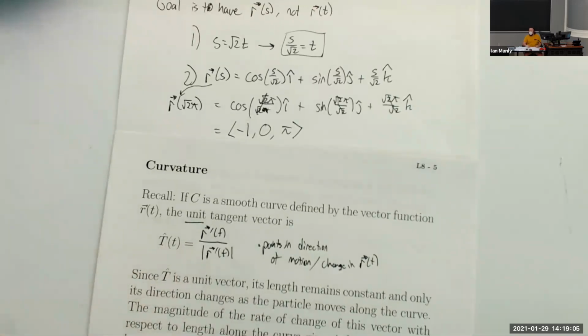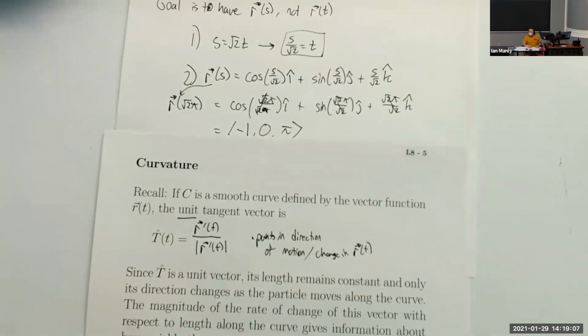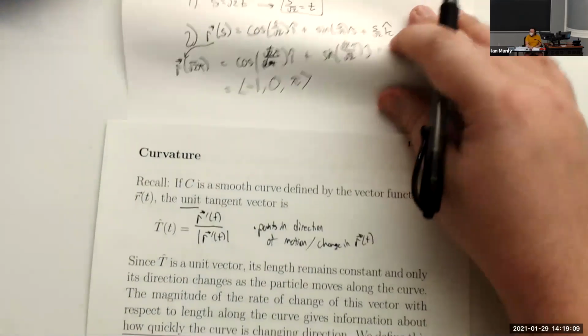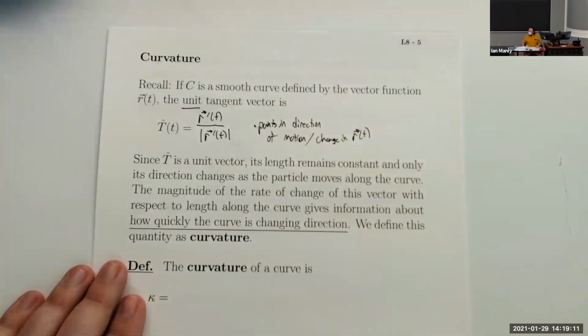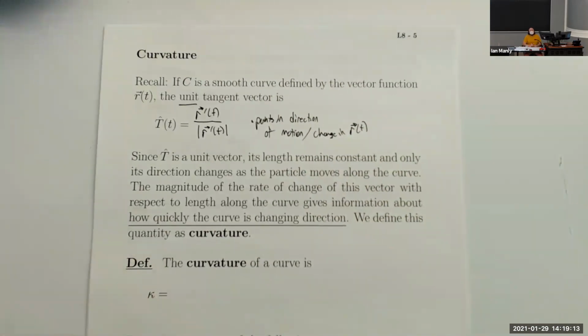Now, remember back in Calculus 1, I said that we're going to make a lot of analogies to Calculus 1, and here's another one. In addition to wanting to know the rate of change of your current function, you may also want to know the rate of change of your rate of change. And we could do the same thing with curves in three-dimensional space.